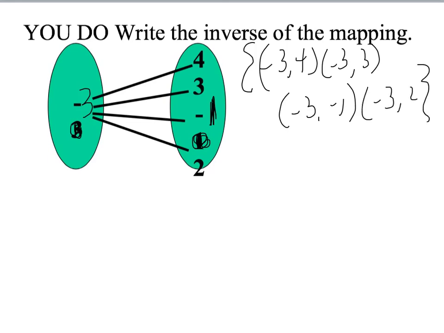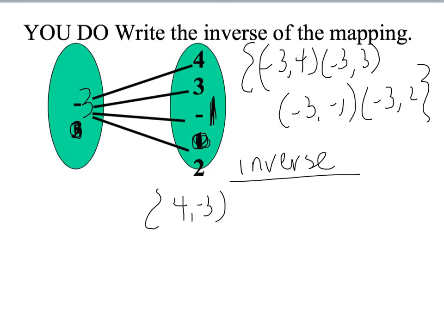This is the original. The inverse then, if I invert the x and the y, I now have (4, -3), (3, -3), (-1, -3), and (2, -3).